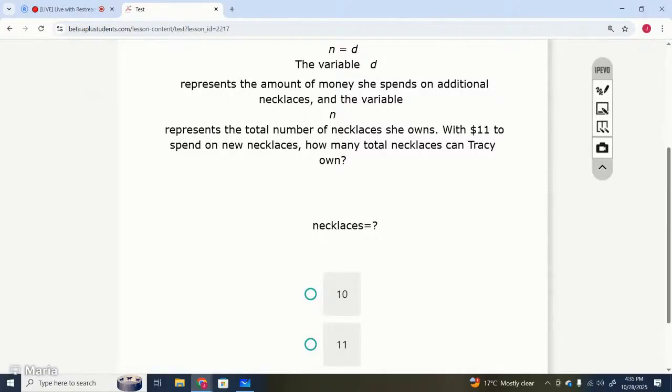N equals D. That is 11 because N equals D.